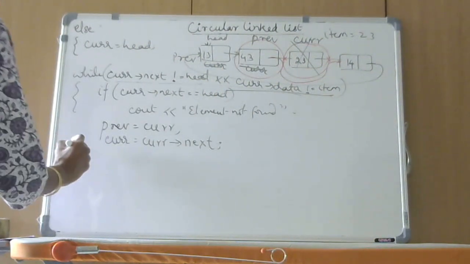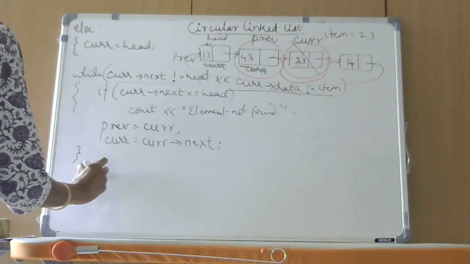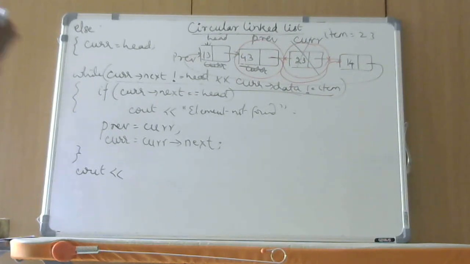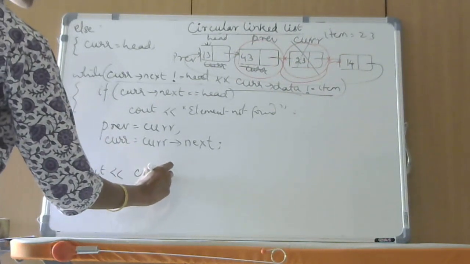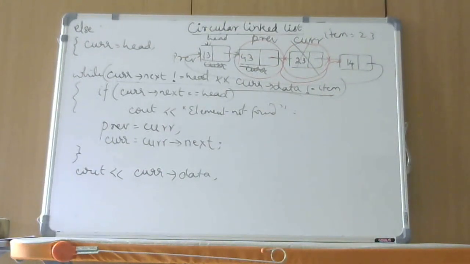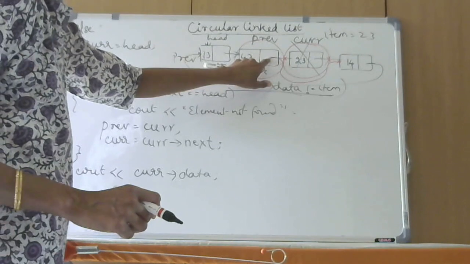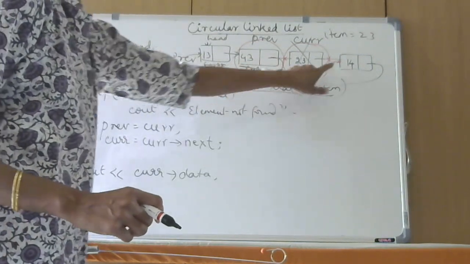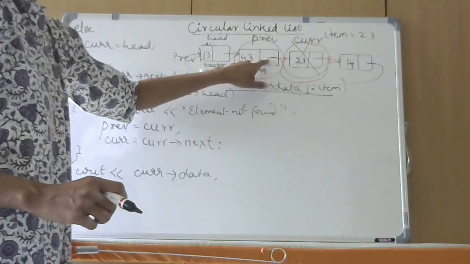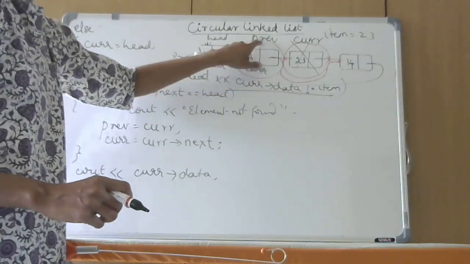So, what is the element that we want to delete? Let me write cout. I want to delete 23. How do I access 23? That is nothing but current of data. I am deleting that part. Then what should I do? This link next of this 43 should be connected to 14. How do I access this? This is my previous.